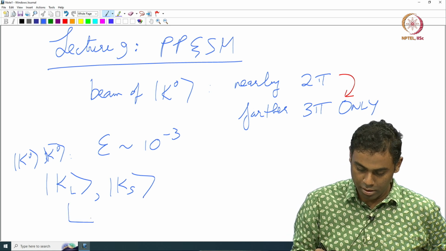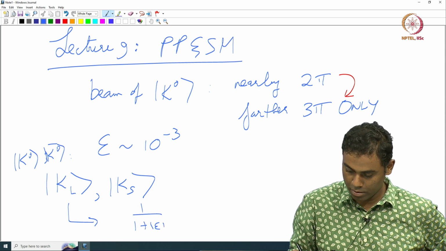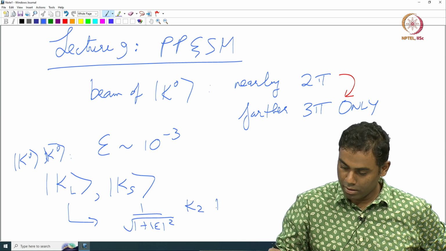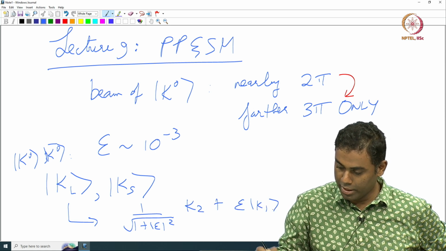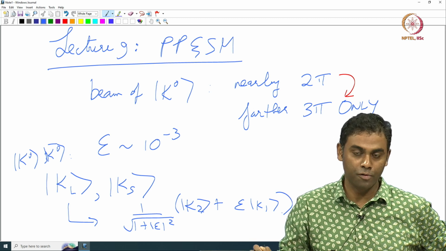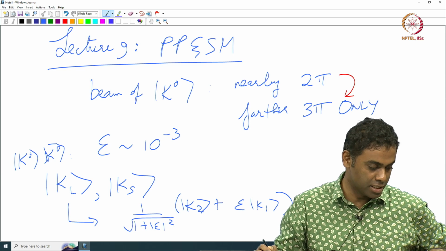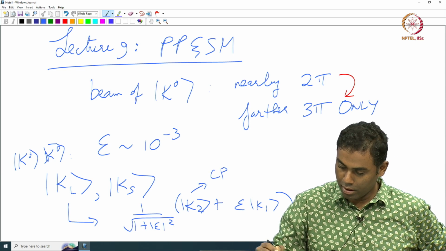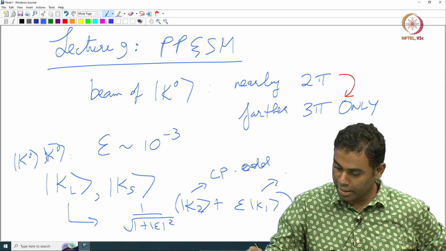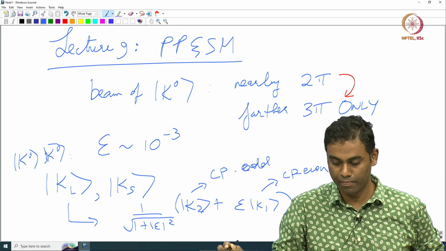K long was the linear combination of K2 and K1, where K2 is the CP odd eigenstate, and K1 was the CP even eigenstate that we had written down before, correct.